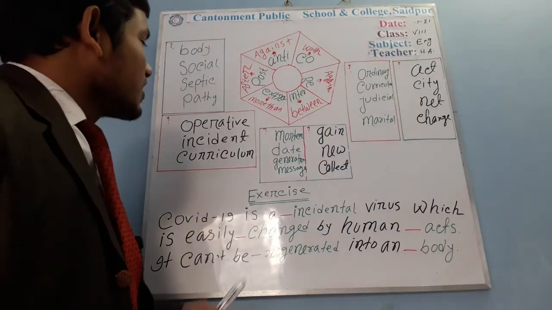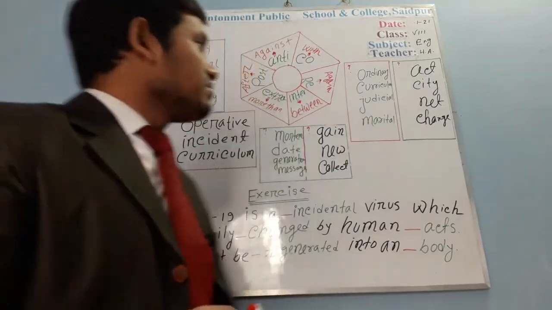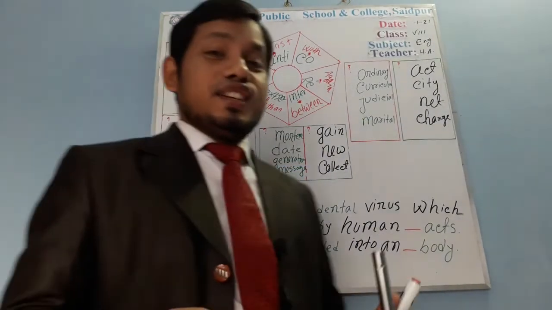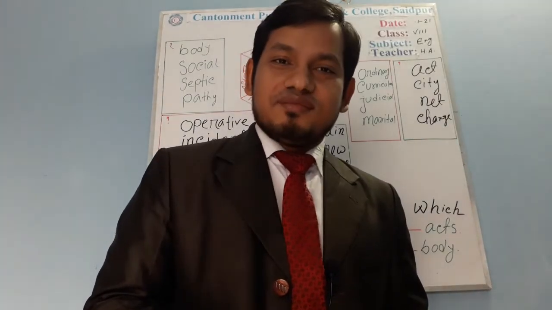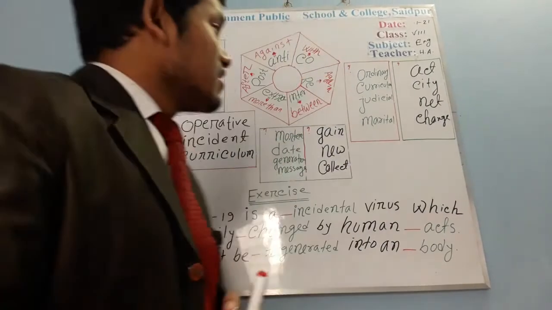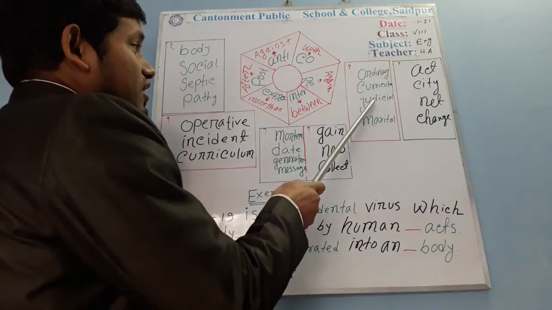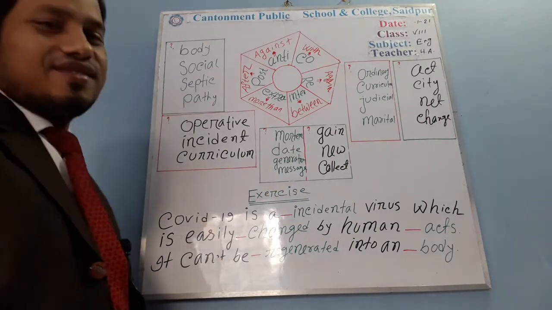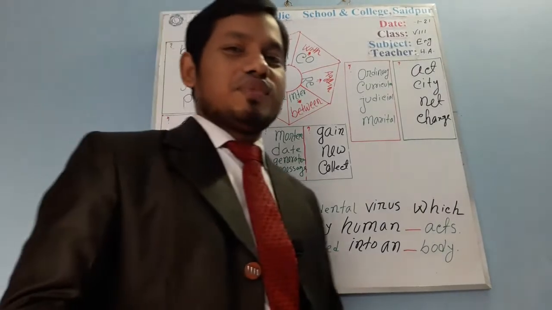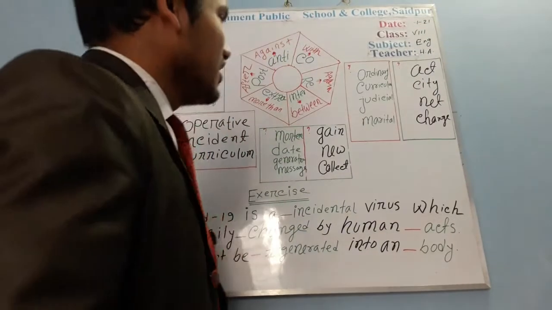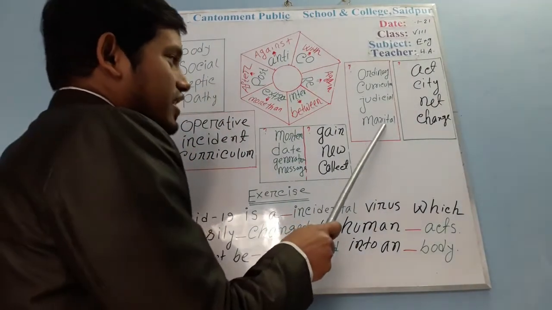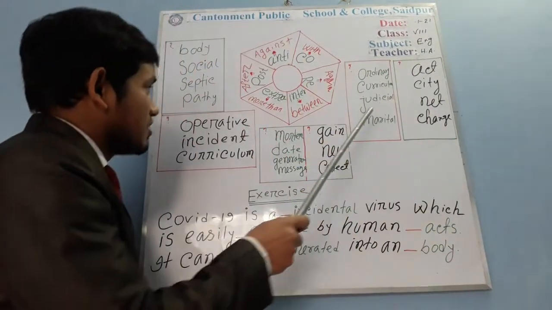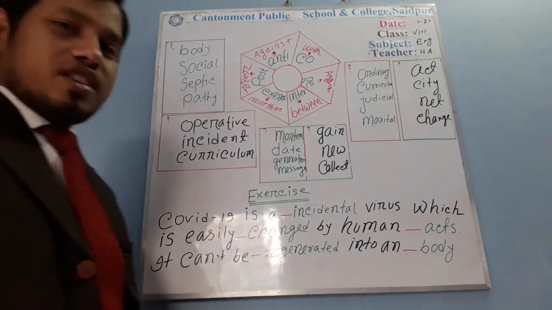Co-curriculum means together with some curriculums, but extracurriculum means some extra responsibilities and activities in your studies. Extrajudicial, right? Judicial is the process of judgment and justice in the court. Marital, extramarital, right? These are the uses of the prefix extra.